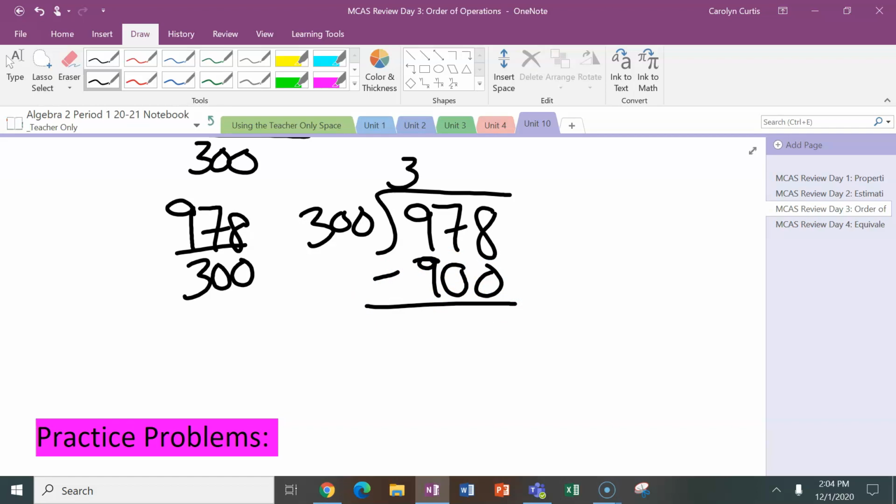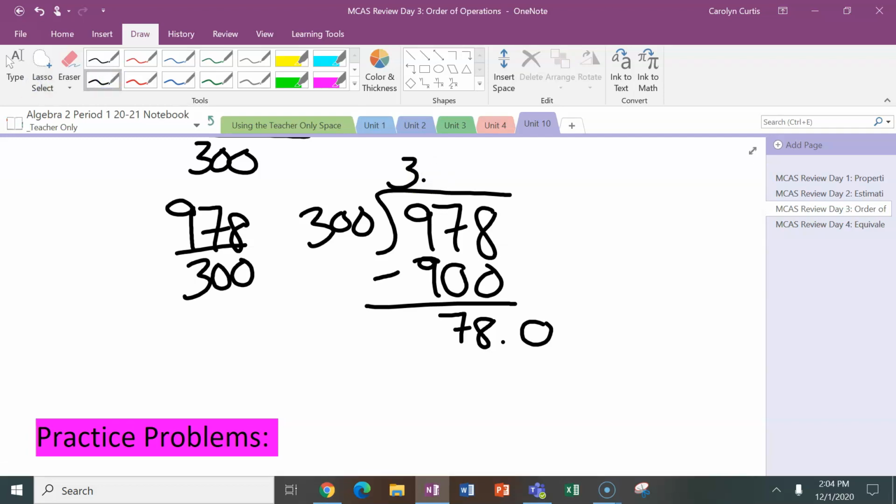So 978 minus 900 is the 78. And then, like I was saying, add a decimal and a 0. And make sure you put that decimal up top because we added a decimal down the bottom, so we need to add one up top. Okay.